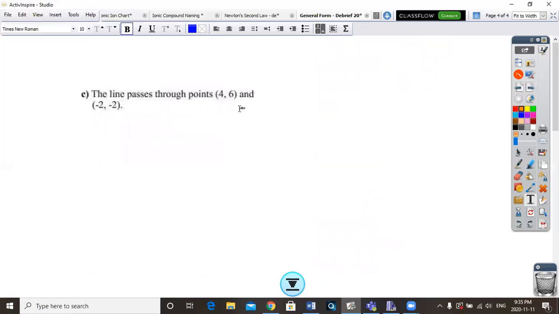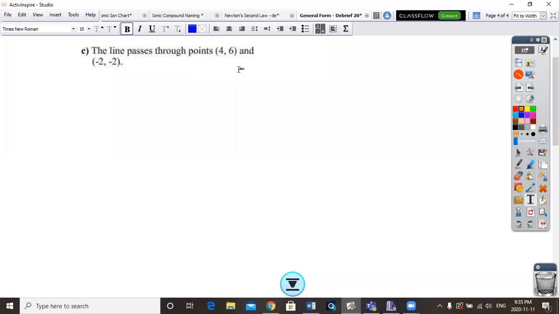Okay, and I believe we're on to our last example. A line passes through points (4, 6) and (-2, 2). We don't have a b, and we don't have an m. So we have to decide which one is point 1 and point 2. So remember, P1 has the smallest x.